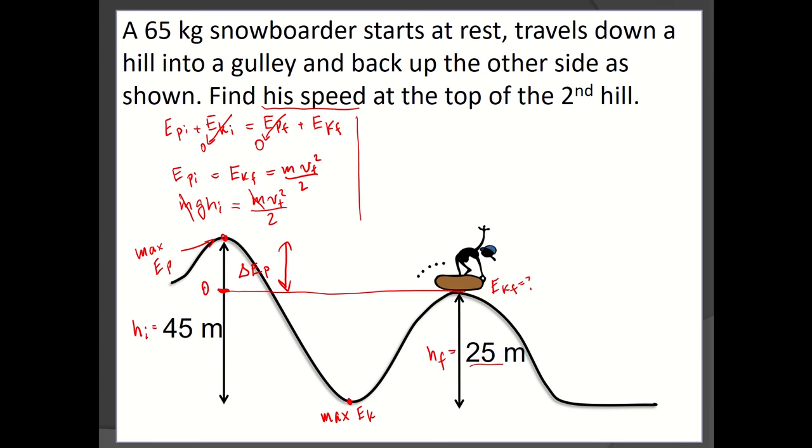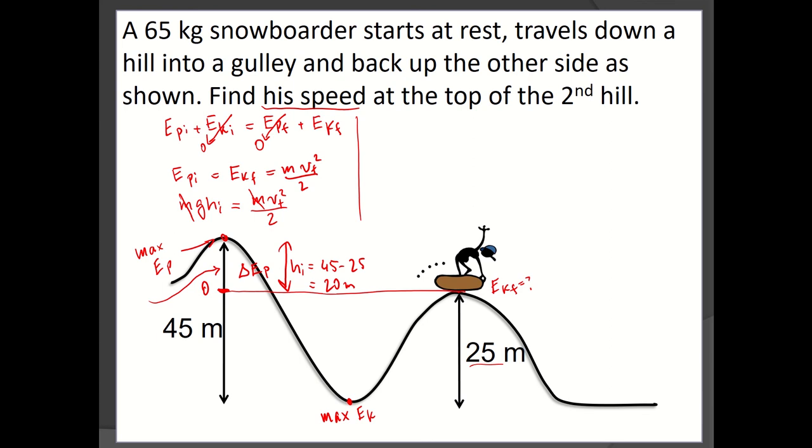So this is not going to be our hi anymore; we're going to make our hi the difference between these two. Our hi is going to be 45 minus 25, which is of course 20 meters. That's the value you're going to plug in for your initial height.